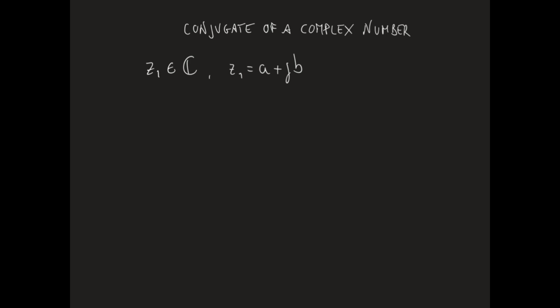Then the conjugate or the complex conjugate of z1, indicated by z1 with a bar over it or by z1 with an asterisk, is given by a complex number with the same real part and an imaginary part of equal magnitude as z1 but opposite in sign.